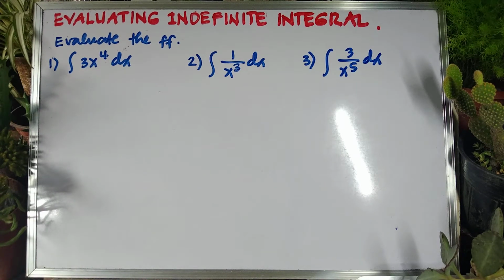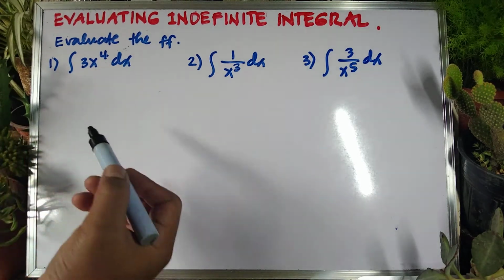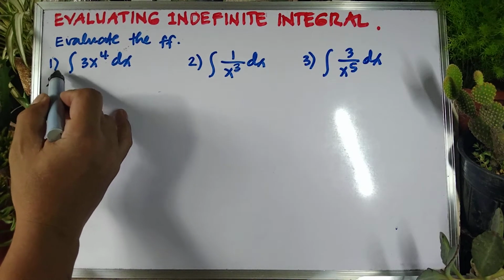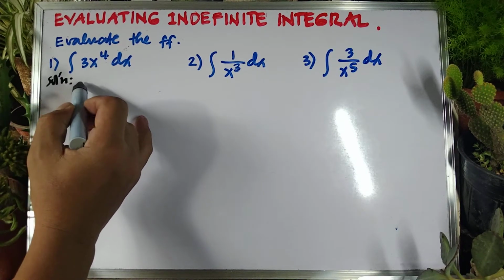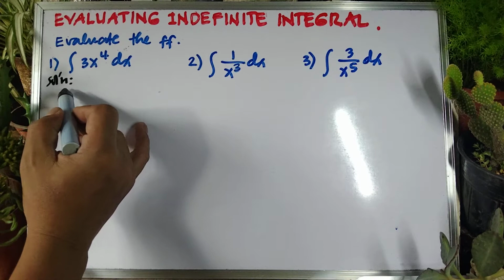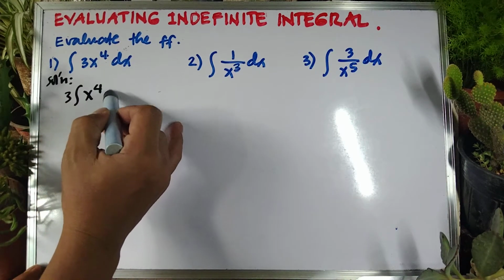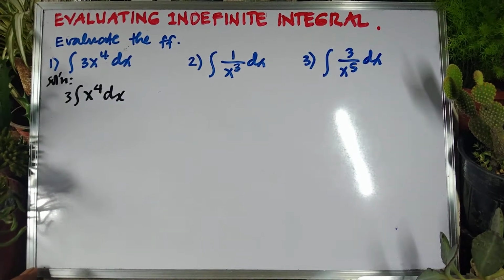How do we integrate that one? Using the power rule, we will just simply remove out the constant. That becomes 3 integral of x to the 4th dx.